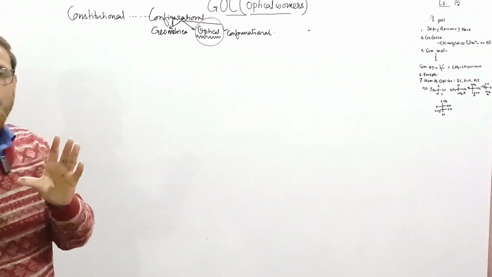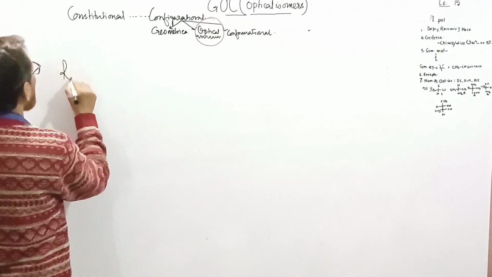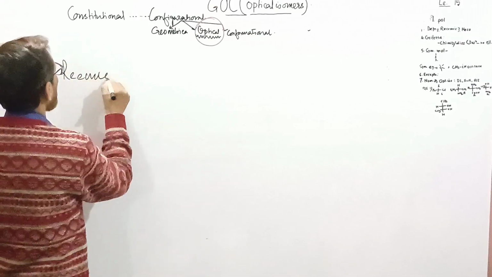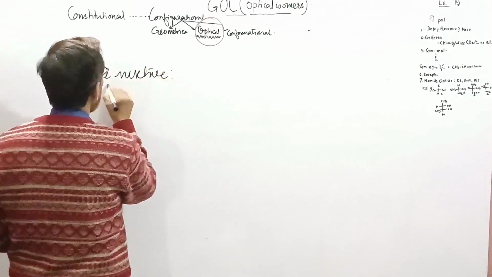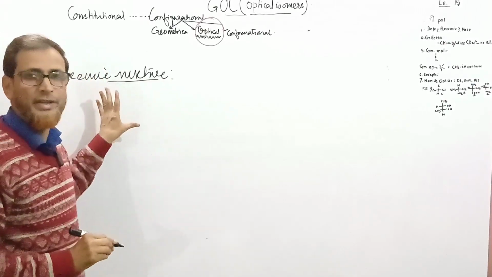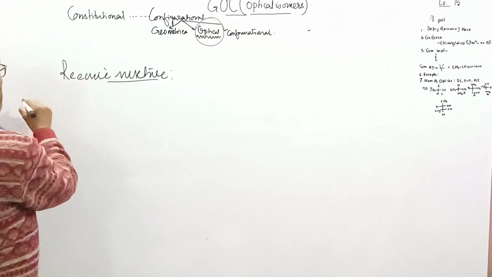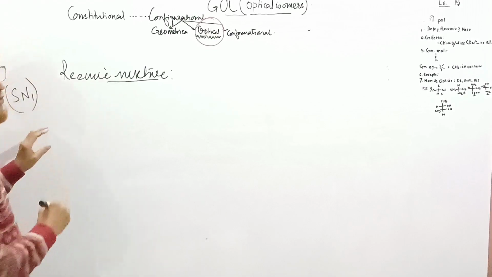Next, another important term you need to know before coming to the main point of the chapter: racemic mixture. This point, I am telling you beforehand, will be needed in second year in the haloalkane chapter, and it is one of the important properties of the SN1 mechanism.